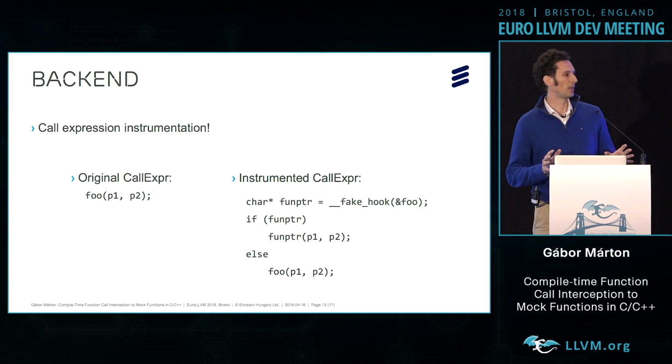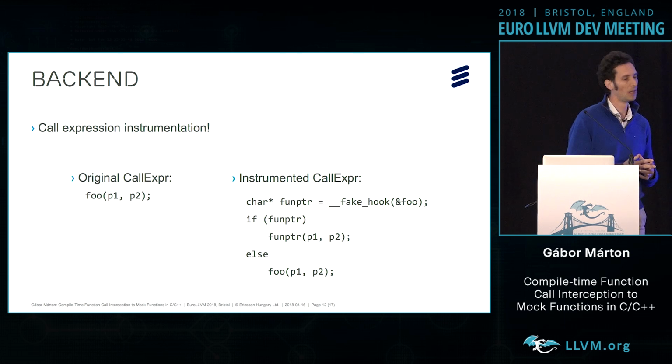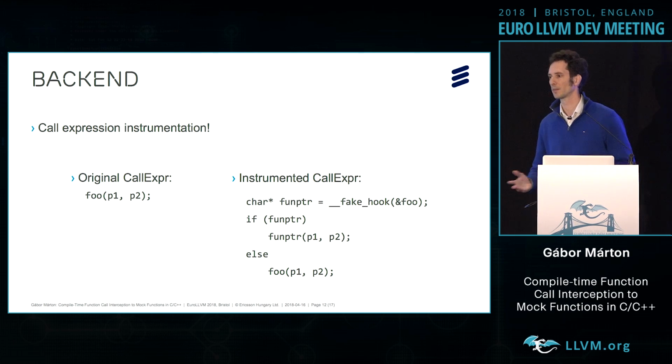So here's what's happening in the LLVM IR. We take the original call expression and at compile time we emit a hook function, and based on the result of that hook function, we decide whether we have to call the original function or the substitute function. It's so simple.